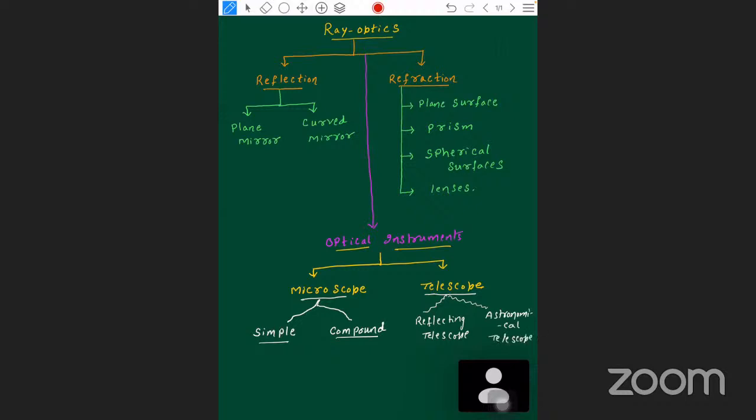So this is the phenomenon you are going to analyze in this ray optics chapter. In ray optics, mainly you are going to deal with two important concepts: reflection and the second one, refraction. Under reflection, you are going to analyze two cases: one is for the plane mirror, the second one is for the curved mirror.